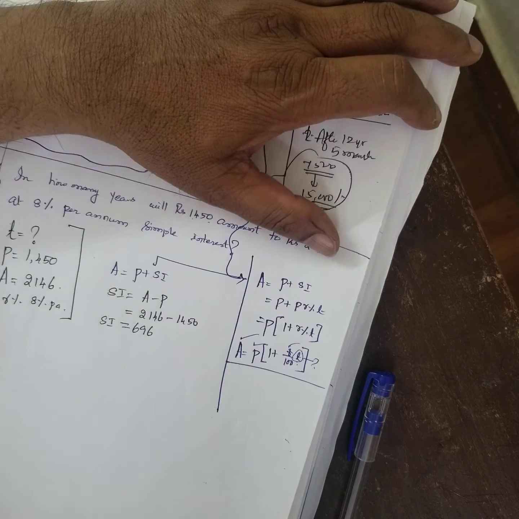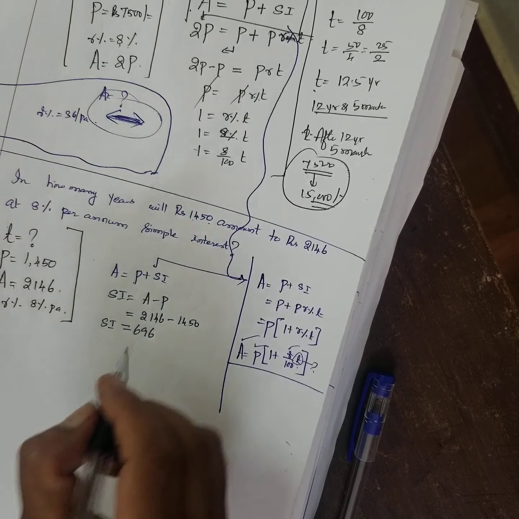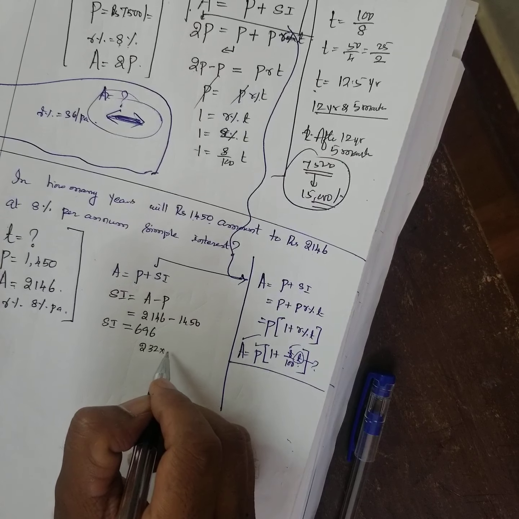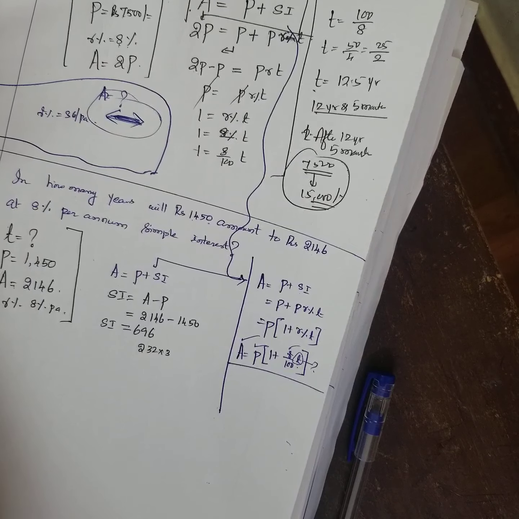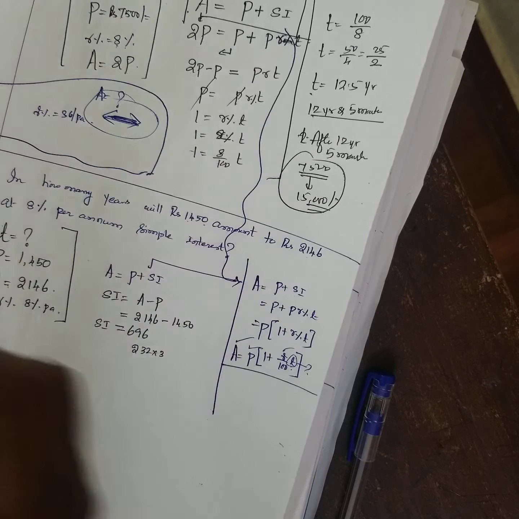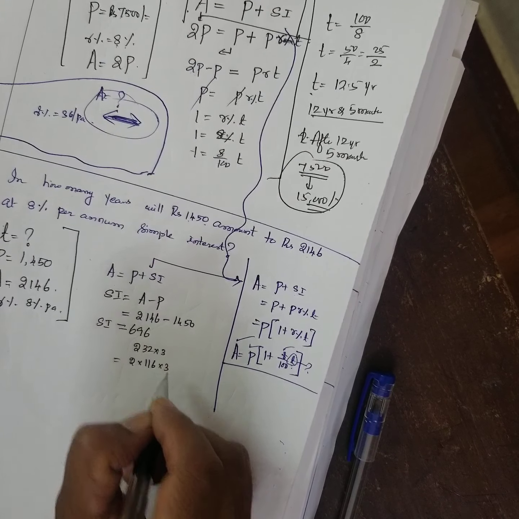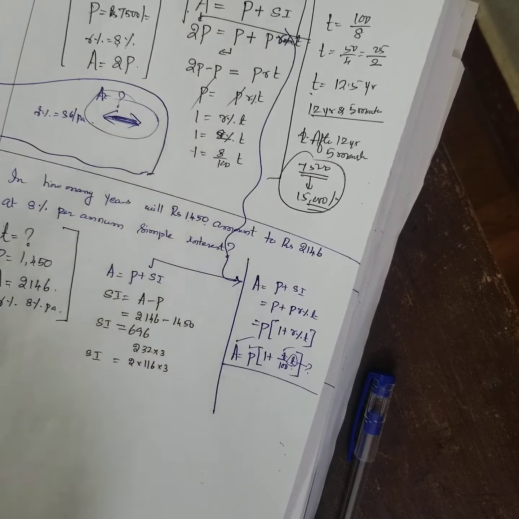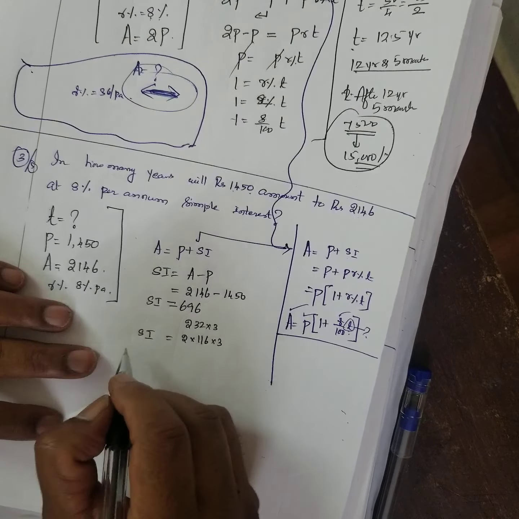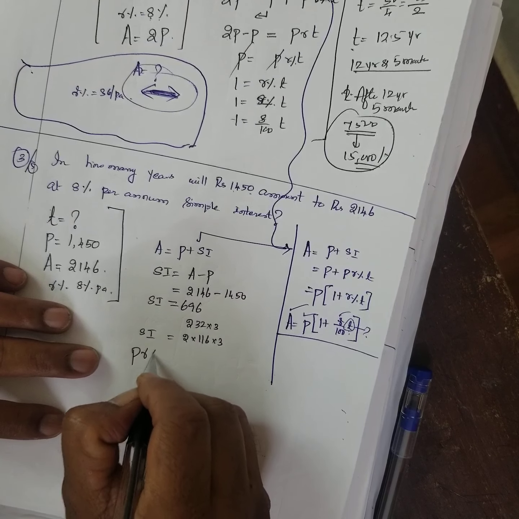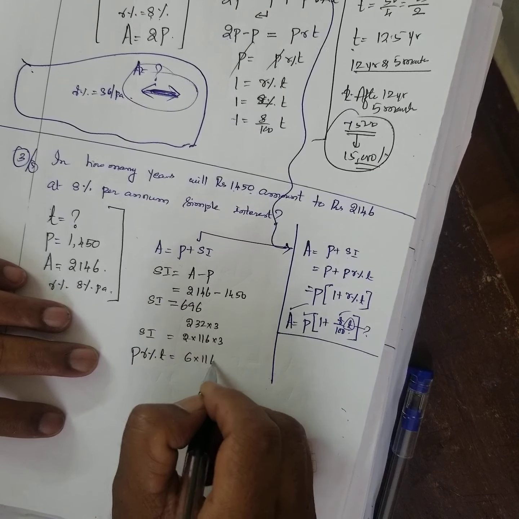Now 696 divided by 3, what do you get? 232. That is 232 into 3 divided by 3. That means again 2 into 116 into 3. That is simple interest. What is the formula for simple interest? P, R percent and T, equal to 2 3s are 6 into 116.